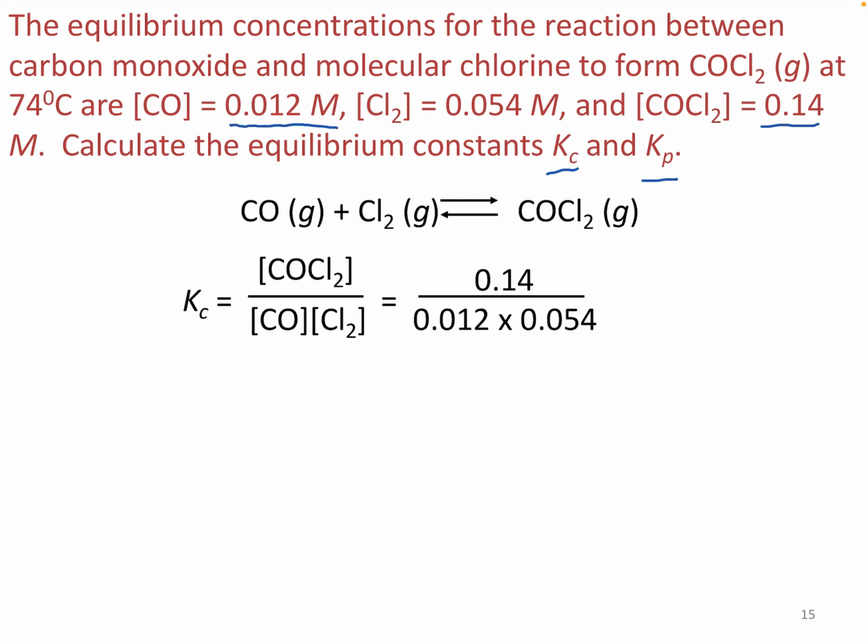COCl2, it tells me 0.14 molar, carbon monoxide 0.012 molar, and chlorine 0.054 molar. So that tells me the equilibrium constant value is 220. We talked a little bit about units for the rate constant. For the equilibrium constant, we're really not concerned with what the units are. It's going to vary so much just based on the coefficients in the balanced equation.